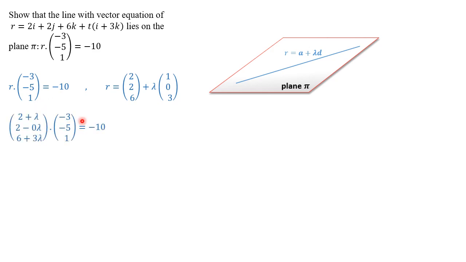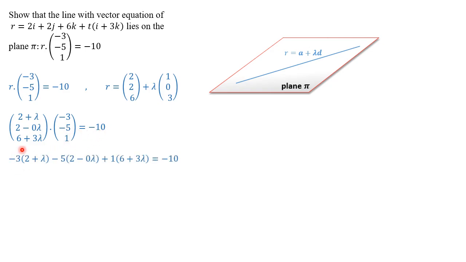Alright, so our line is 2 plus lambda, then 2 minus 0 lambda, then 6 plus 3 lambda. Put it in place of r, dot the normal vector, which is minus 3, minus 5, 1. The answer should be equal to minus 10.